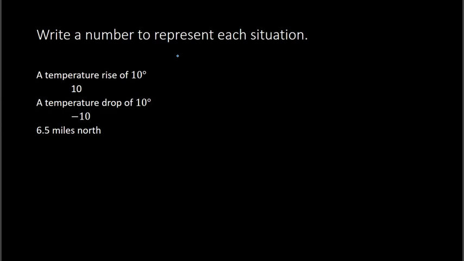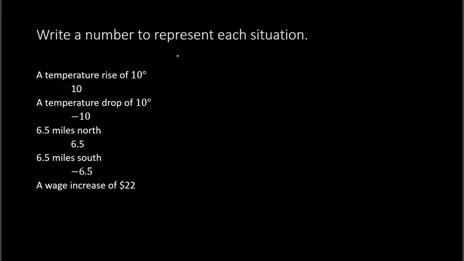Or maybe with direction, 6.5 miles north. North is up, which is typically a positive direction, so that could be a positive 6.5. 6.5 miles south would be going down, which would be a negative 6.5. And maybe we could talk about wages, so how much you're earning for a job.